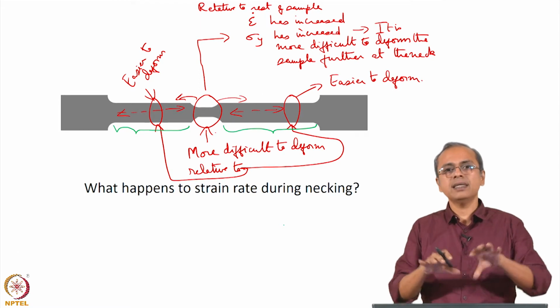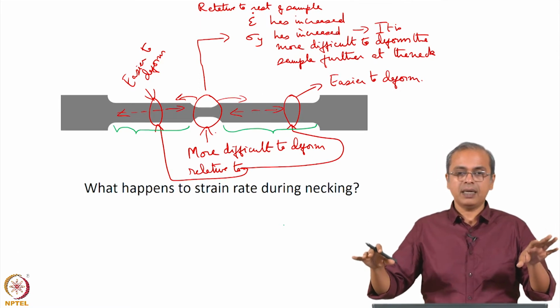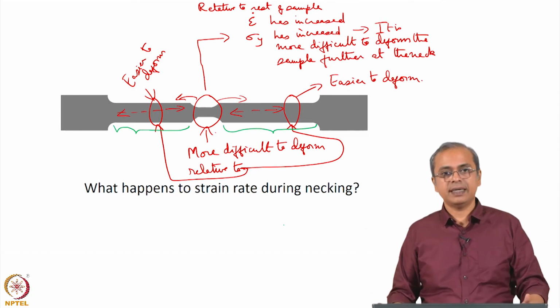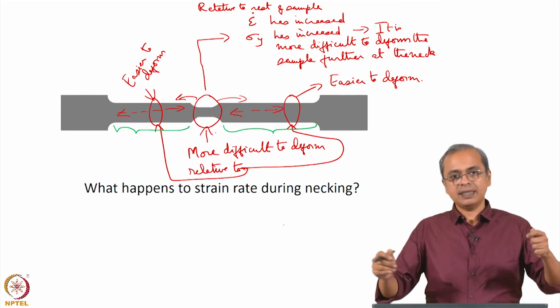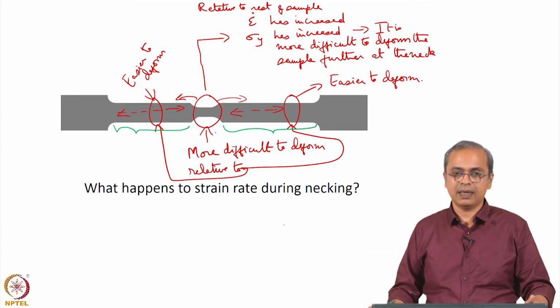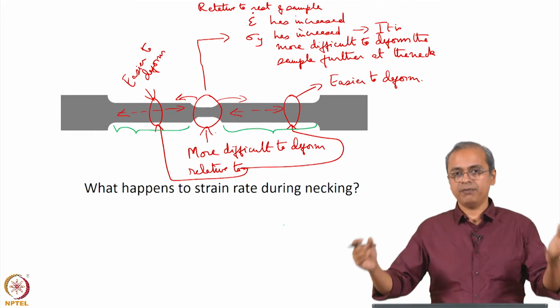So, this is the reason why materials that show superplastic behavior are showing that behavior as a direct result of this strain rate sensitivity index. And once you consider this concept, you understand why this material keeps expanding over a very long extent of elongation before it finally fractures.